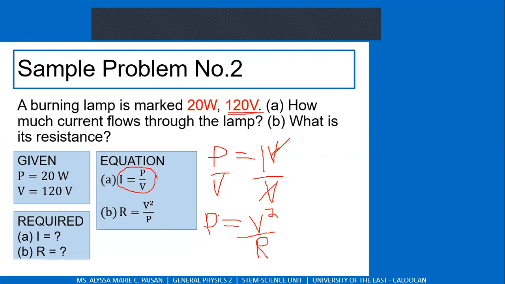We just cross multiply, or para mas madali, we just have to multiply both sides by R. Yun muna. Sige, para ma-cancel yung R dito. Ayan. So, magiging RP na siya is equal to V squared. And then we divide both sides by power so that we could fully isolate resistance. That's why we have R is equal to V squared over P.